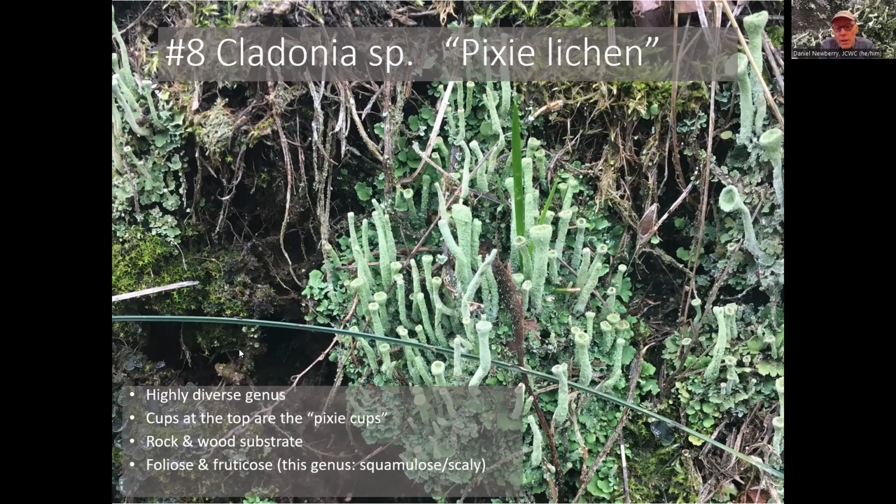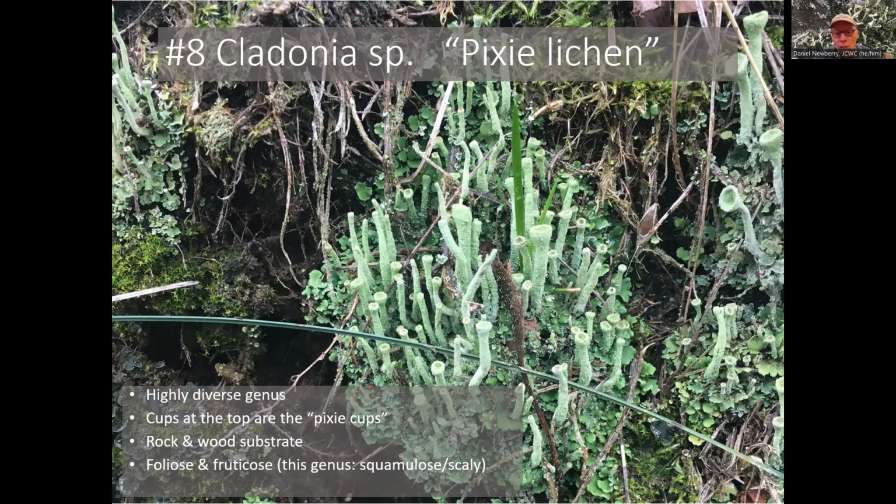You'll notice, I'll move my cursor here, what look like little green leaves down in the lower right. And if you look carefully, you can see them scattered all over this picture. Those are part of the Cladonia lichen, as are these stalks with the cups on the top. So there's really a foliose and a fruticose piece to the Cladonia lichen.